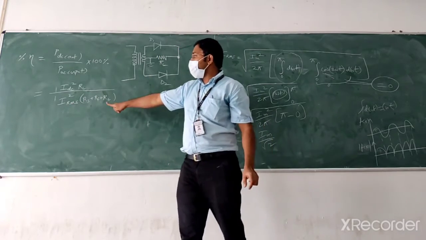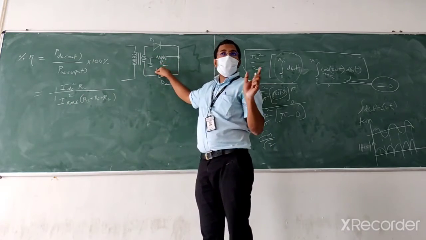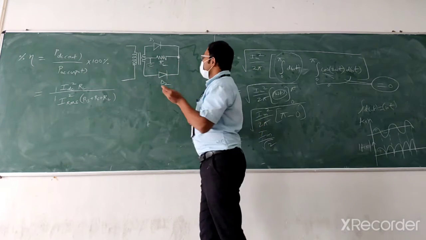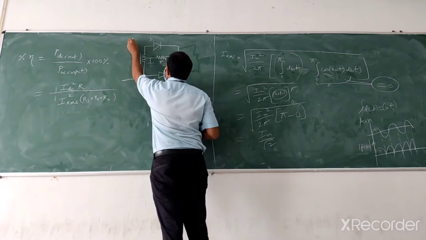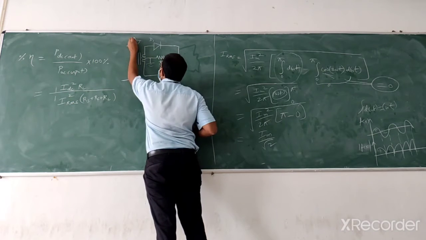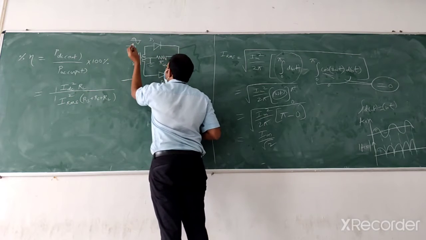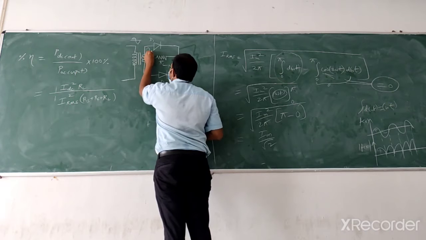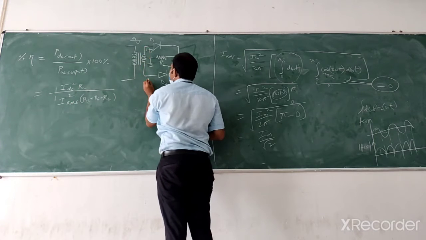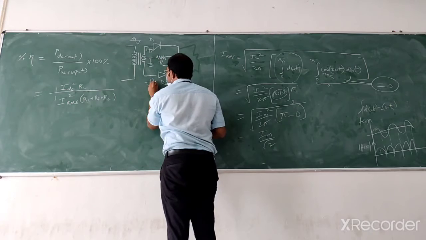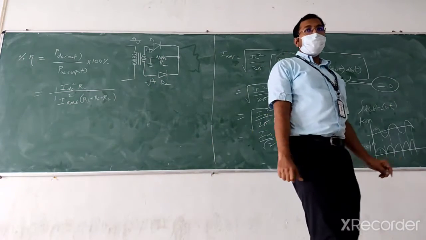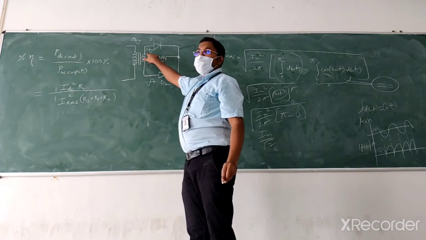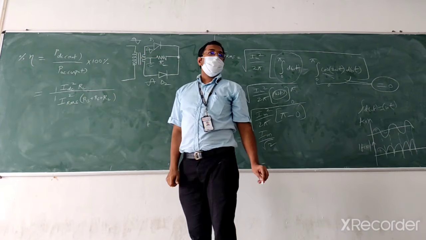Now let us see the path of current. We know very well that during the positive half cycle we get this, and here we get the reverse; we discussed all this in the morning. In the first half cycle, which diode will conduct?